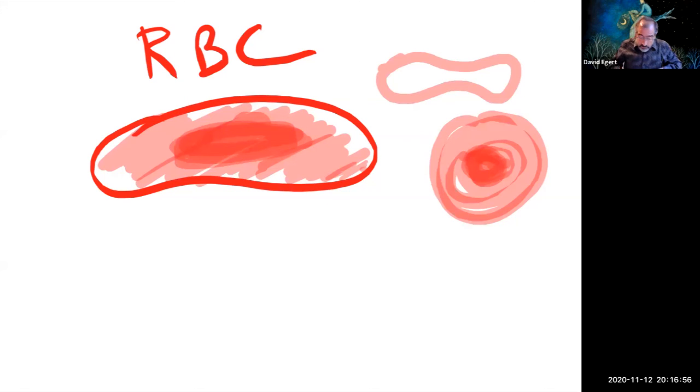During development, all of these things are made in the bone marrow. The bone marrow is where you have hematopoiesis. During hematopoiesis, you have these cells with a nucleus and lots of rough endoplasmic reticulum, making tons of hemoglobin. But by the time they're mature and on patrol, there's no nucleus.